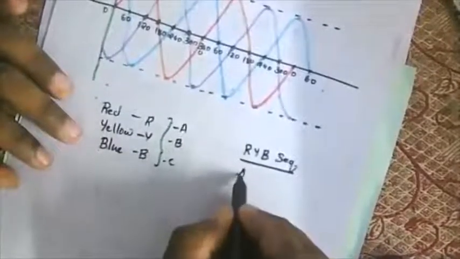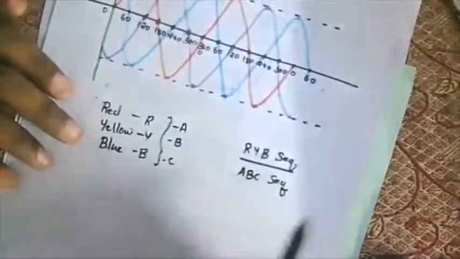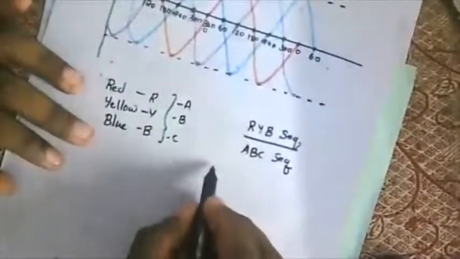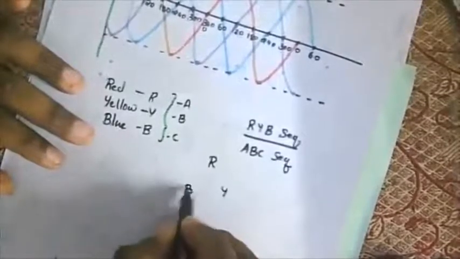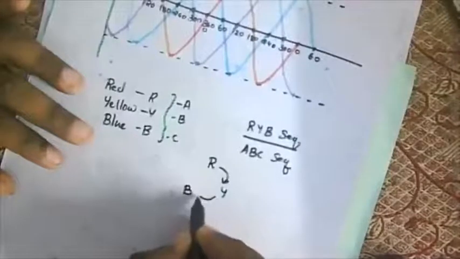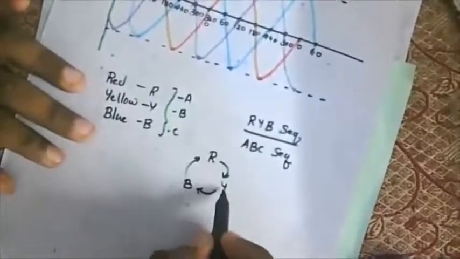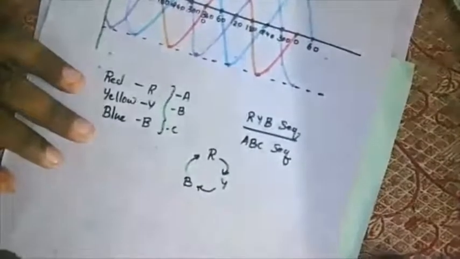ABC sequence. It is sure that I will use the things in the same pattern, R, Y, B, in a cyclic manner. So from R to Y, Y to B. We will not move from B to Y. It is a mistake.